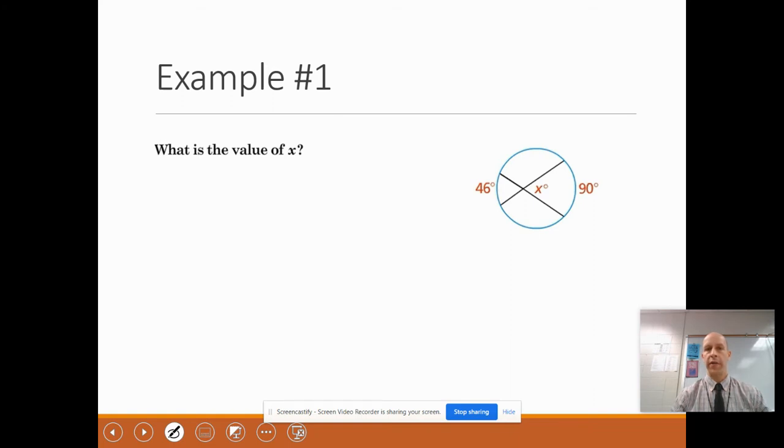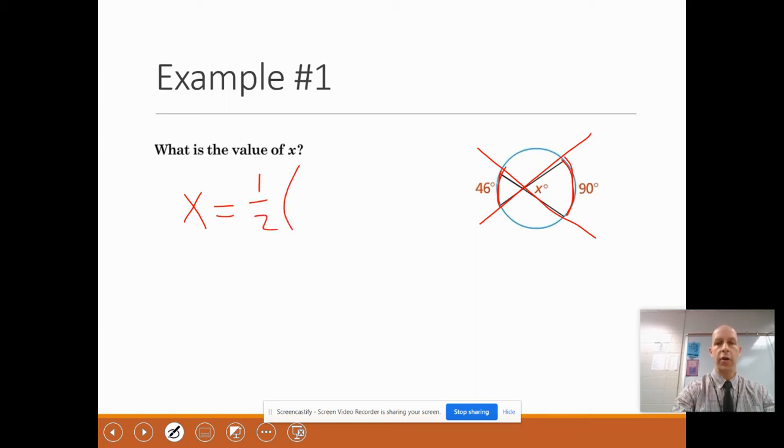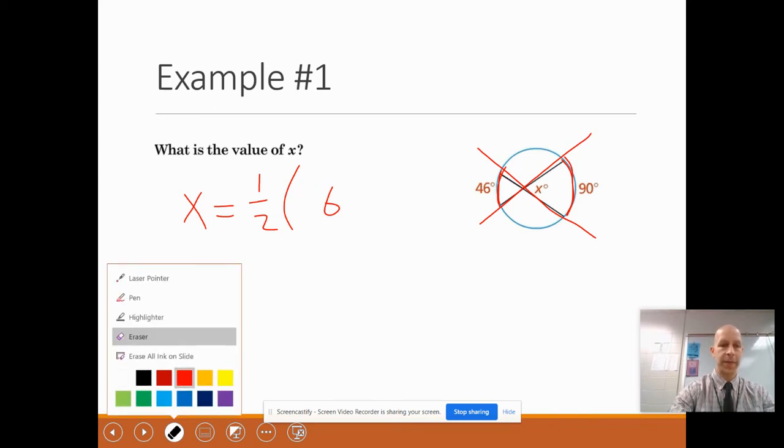Here we're trying to find the value of x, and we can see that we have two intersecting lines, and they intersect this arc and this arc. So x is going to be 1/2 the measure of 36, oops, not 36, I'm not sure where I got 36, how about 46?